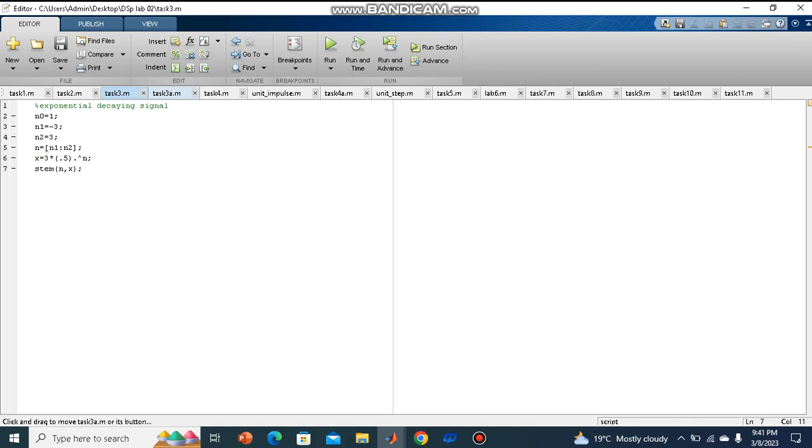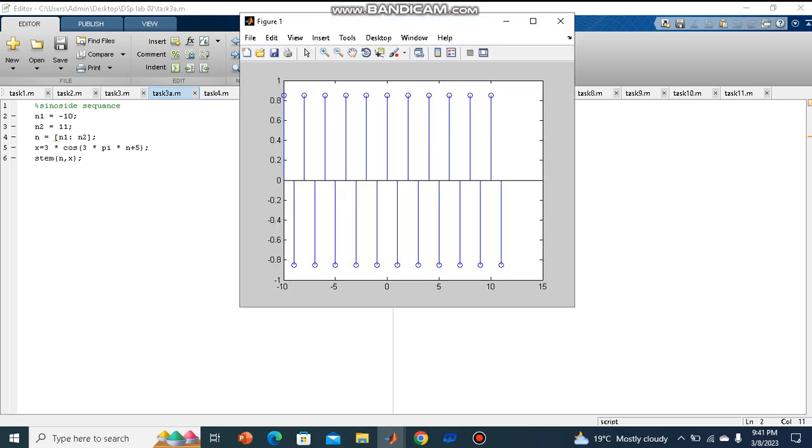Moving on next to task 3, part A. In this we will see a sinusoid sequence of numbers, as we have assigned values n1 and n2 as -10 and 11. We run this, and we get an output like this.